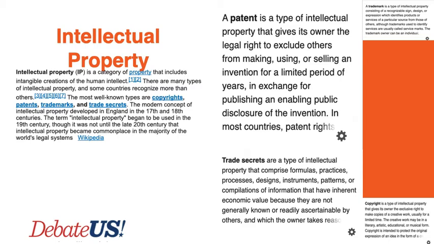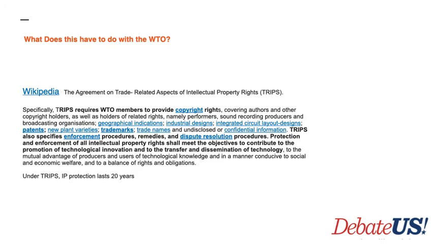Now, as I mentioned, what does this intellectual property have to do with the World Trade Organization? Well, countries don't just trade in goods, they can also trade intellectual property. And to facilitate this, the World Trade Organization came up with the Agreement on Trade-Related Aspects of Intellectual Property, also known as TRIPS.